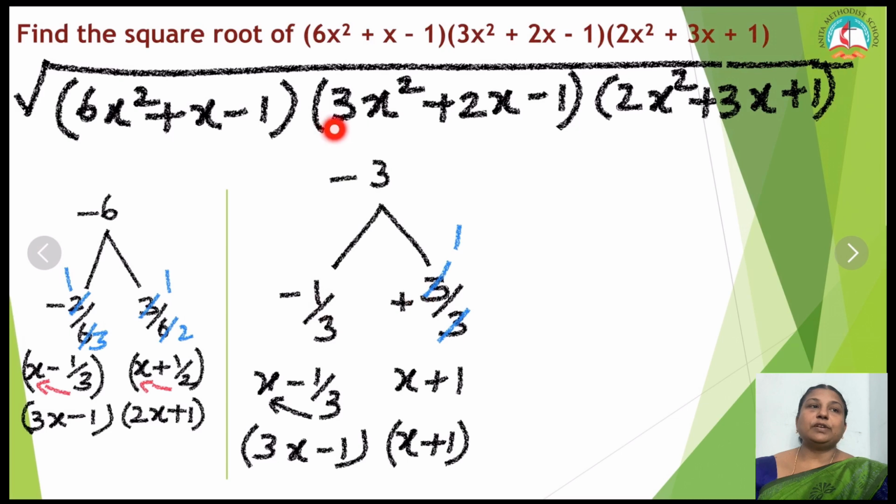Since the coefficient of x squared is 3, I have to divide it by 3. So here I can't cancel anything. Here I am able to cancel. So here it will come 1 times. So I will have x minus 1 by 3 into x plus 1. Here again you can cross multiply. So you will get 3x minus 1 into x plus 1.